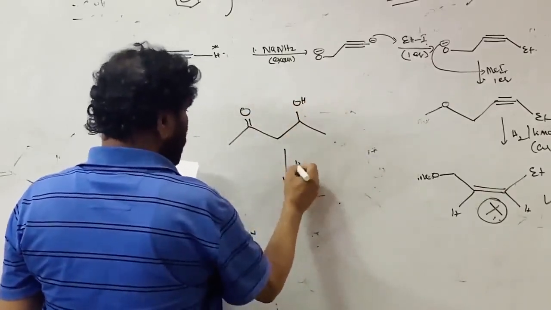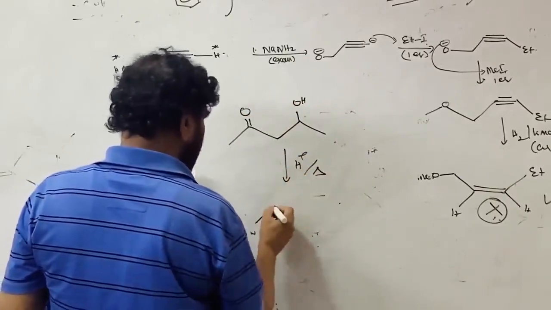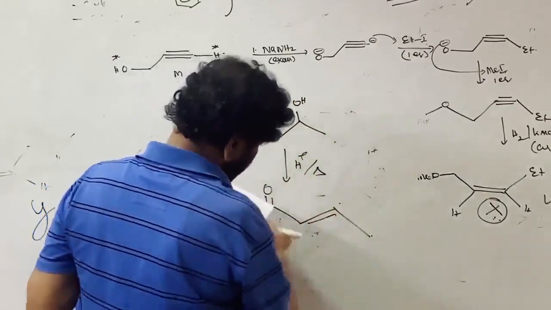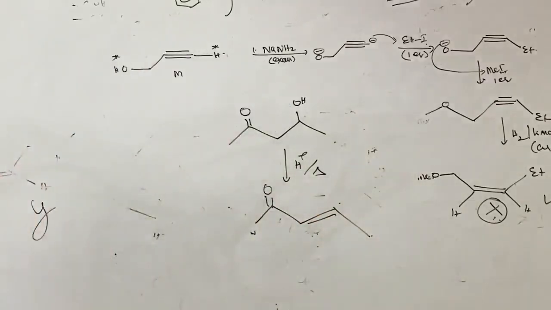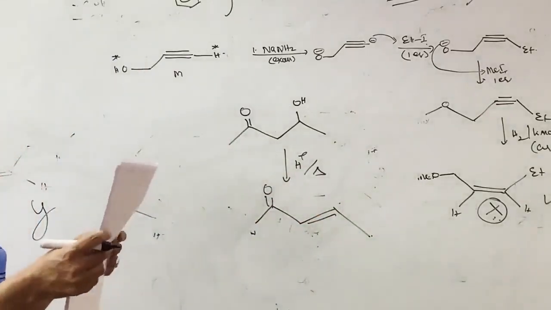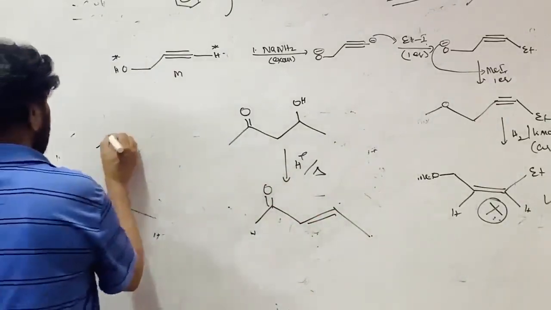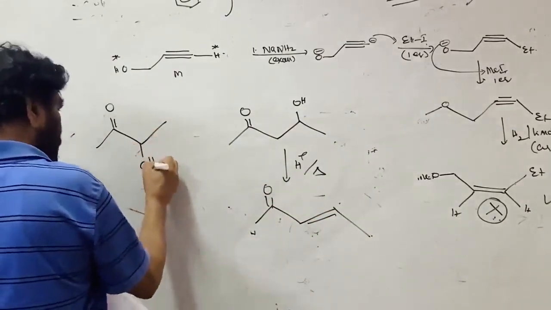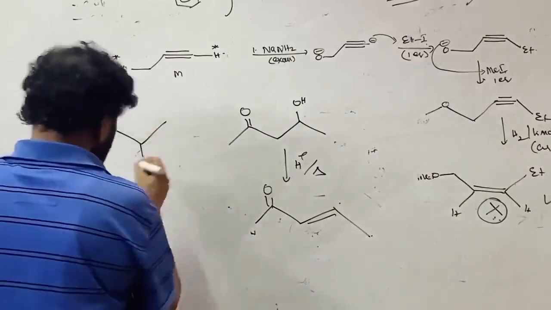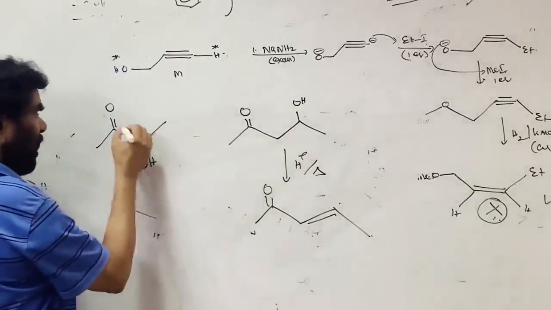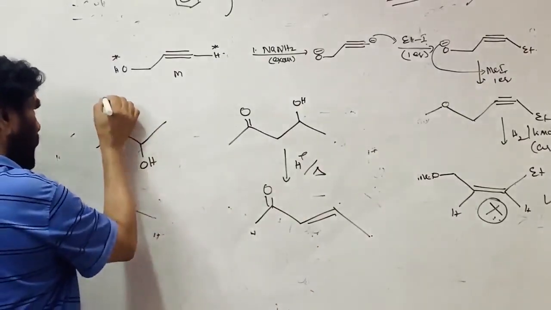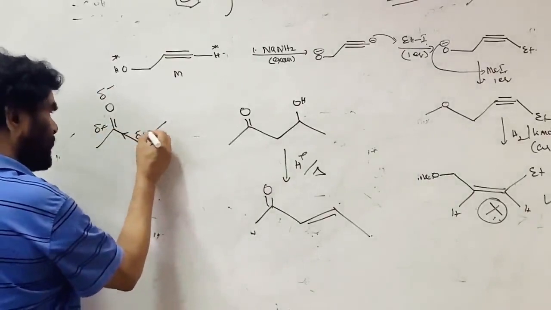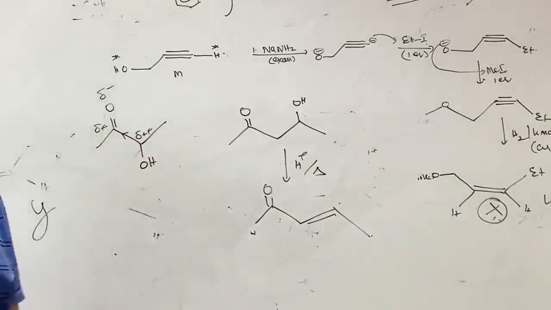This compound most readily undergoes dehydration to form the alpha beta unsaturated ketone. You may ask, why not C? Why is C not participating? C is here. This is already polarized. This is a negative, this is a positive. Here is a small amount of positive charge.